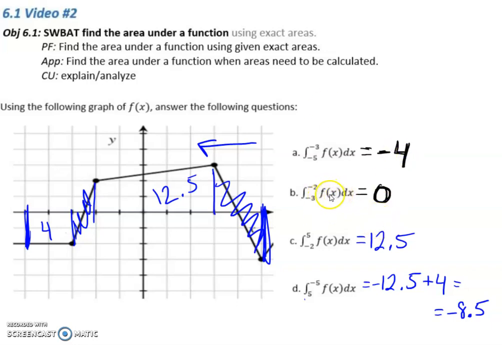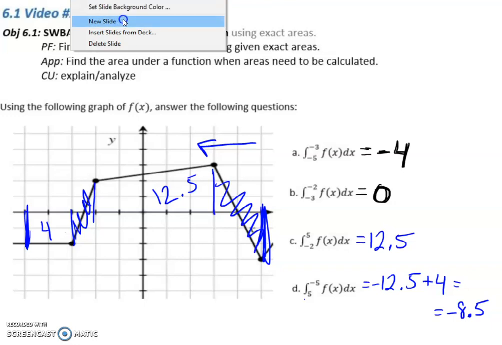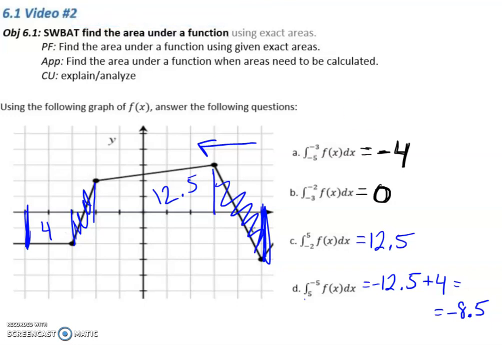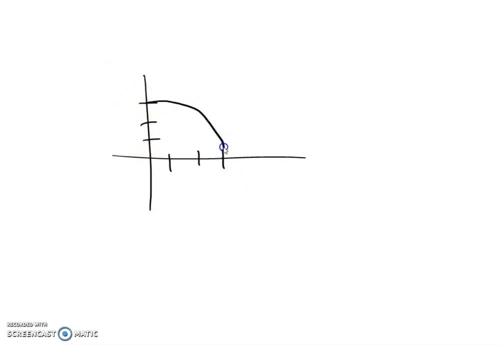And that's it. You are going to have examples where you have circles, and I want to show you a real quick version of what that might look like. So if you have something that has just a quarter circle that looks like this, and you need to find the integral of that function from 0 to 3, well, here's our quarter circle.